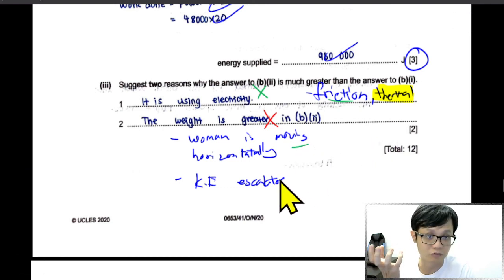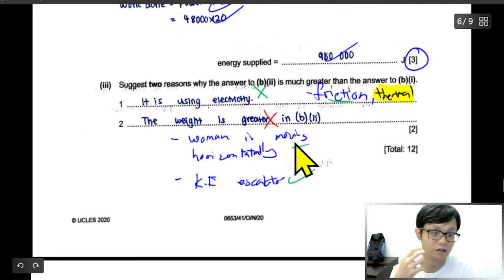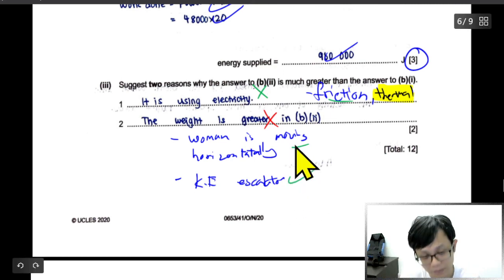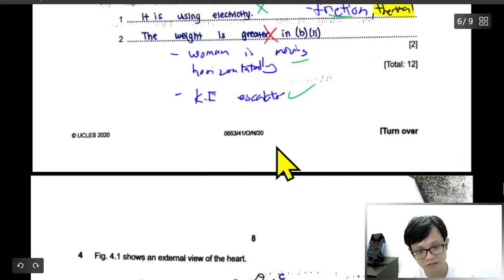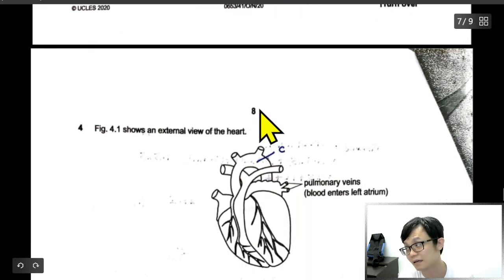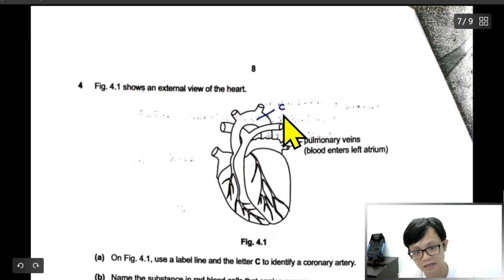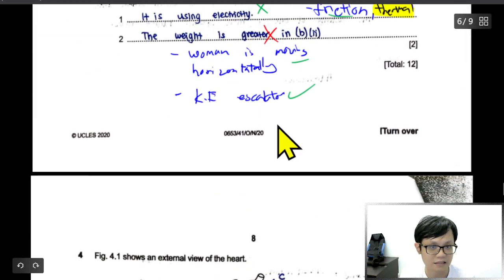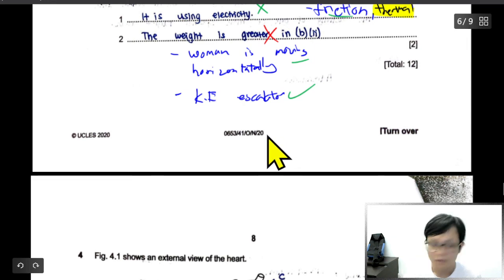It could become kinetic energy for the escalator, because energy cannot be destroyed. We can never destroy energy. Like gravitational energy, our planet has everything, the energy can be stuck there, but the energy cannot be destroyed. So that's it.